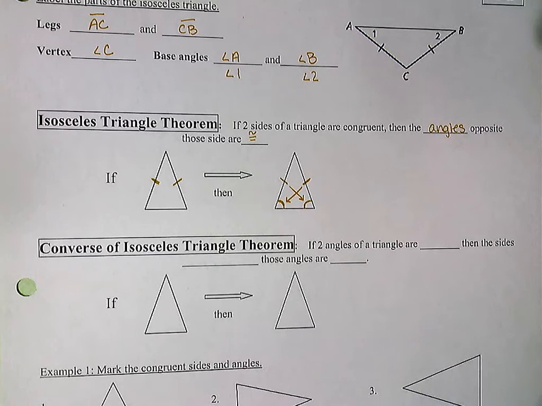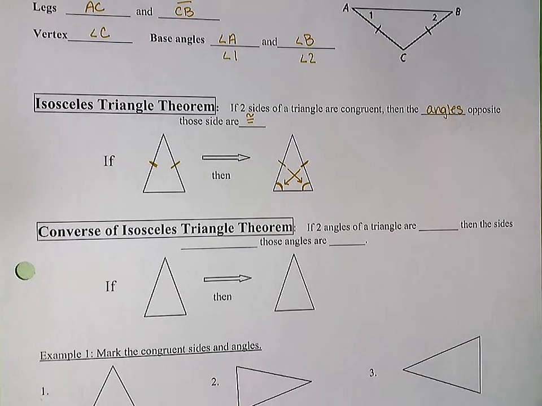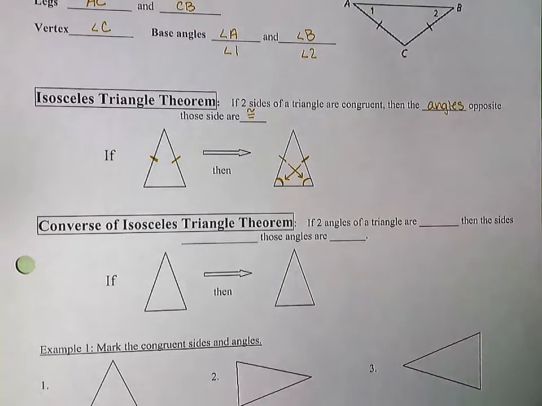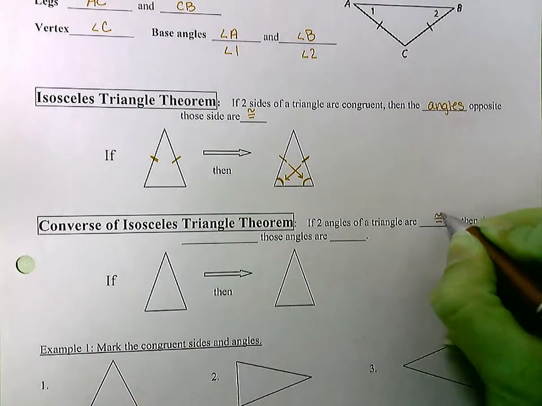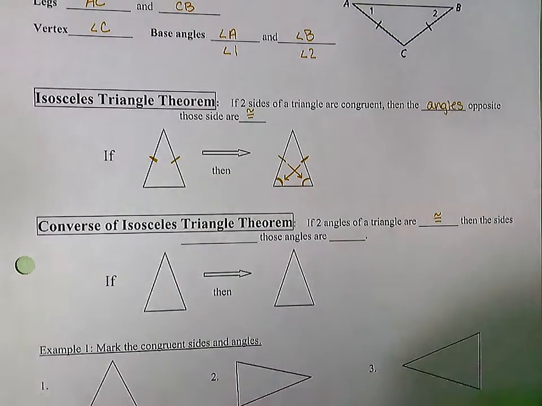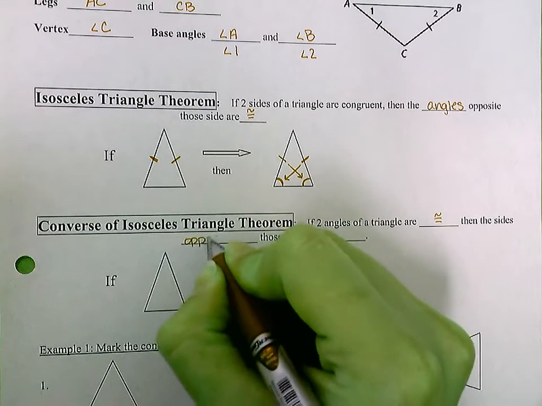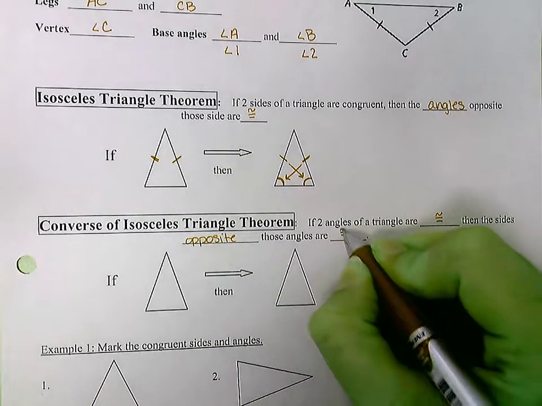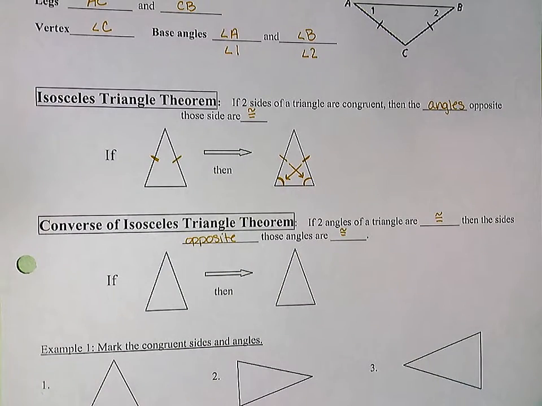We also have a converse of this, meaning the same thing but backwards. If two angles of a triangle are congruent, then the sides opposite those angles are also congruent. Same thing, but this time we're starting from the angles.